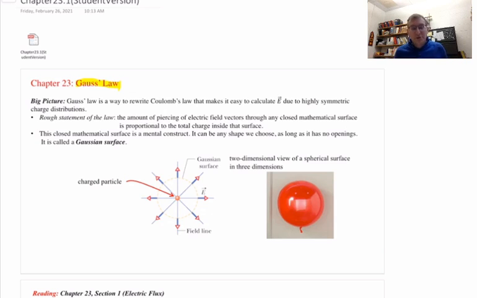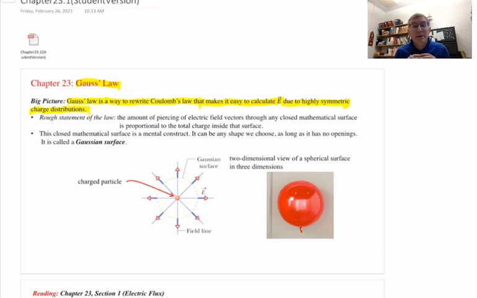Let me give you the big picture of what we get from it. Why bother learning this new content known as Gauss's law? Here's the big picture. With Gauss's law, it turns out we are in essence kind of rewriting Coulomb's law in such a way that calculating electric fields is very, very easy if the charges that are producing the electric field have lots of symmetry to them.